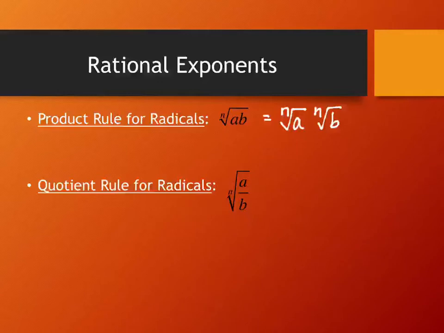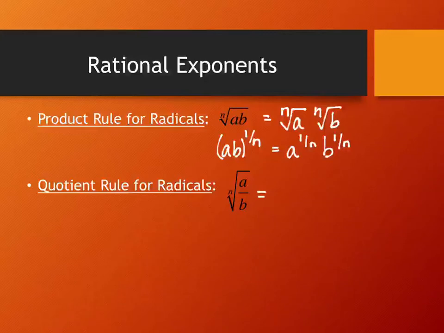And the reason I can do that is because I can actually rewrite this as AB to the 1 over n. And I have the ability from the properties in the last section to move that 1 over n through, right, as an exponent, and then I can turn it back into radical form. So that's the sort of reason that that works, and it does work very nicely.